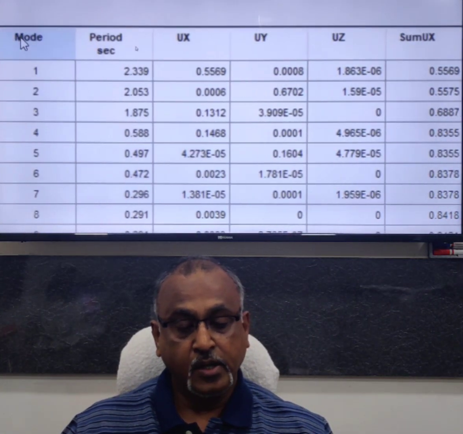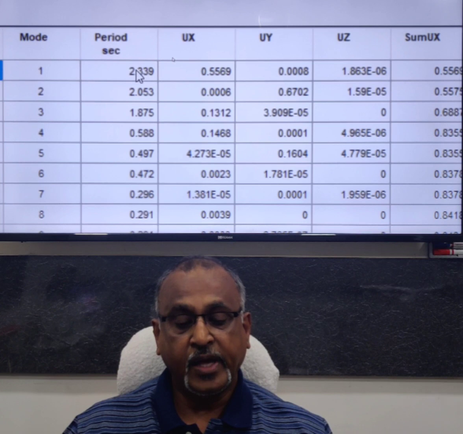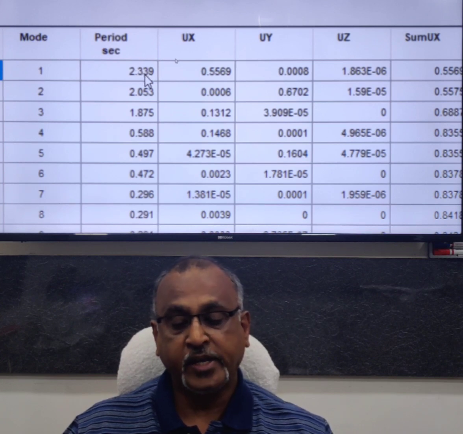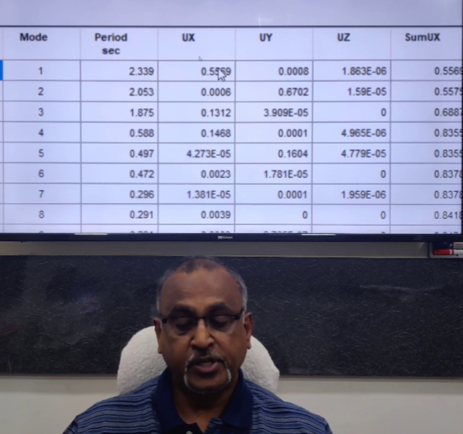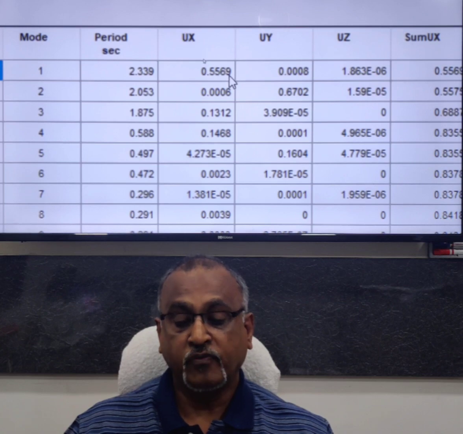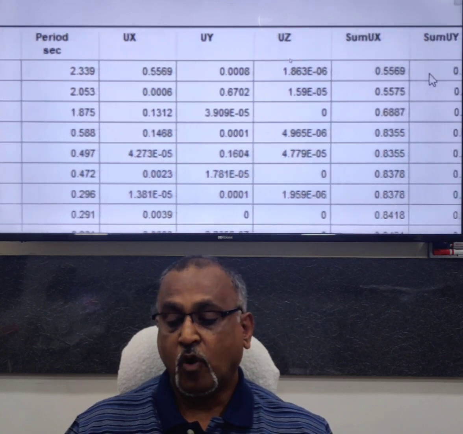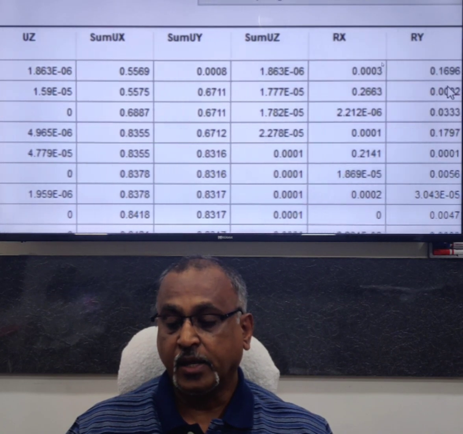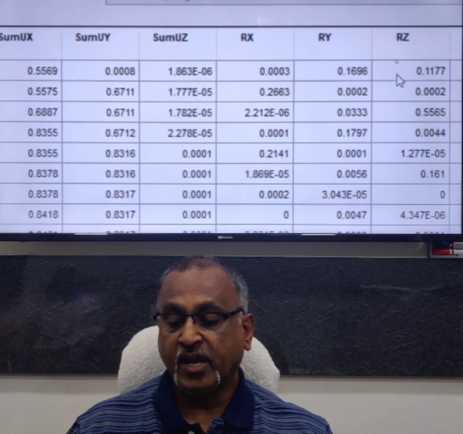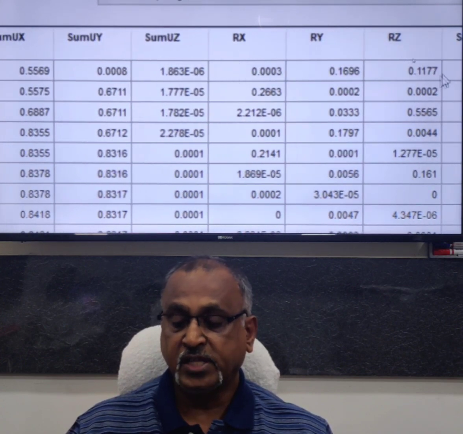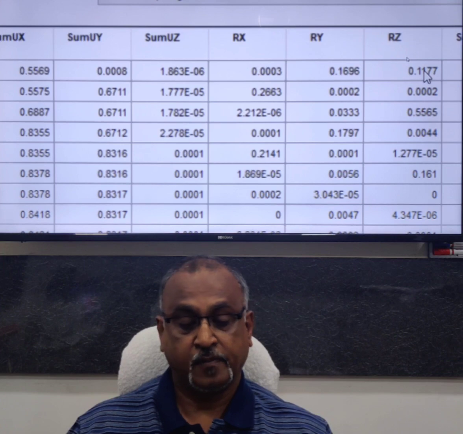What has happened? First mode time period has reduced to 2.3. Mass participation has improved. It has now gone to 56%. And what has happened to torsional coupling? Torsional coupling, which was earlier 21% around, it has now become 12%.